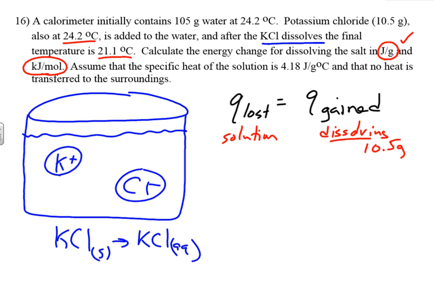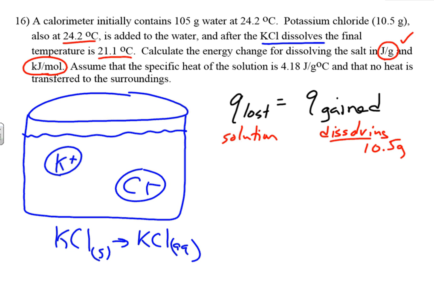Can we figure out how much energy the solution lost? Because then we would know the energy that was gained by the dissolving. And again, the energies are equivalent. One of them is going to come out negative, calculation-wise, because energy lost we usually refer to as a negative energy.